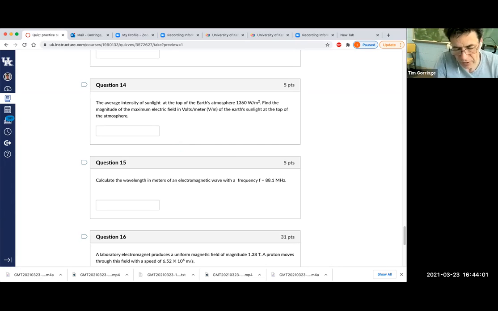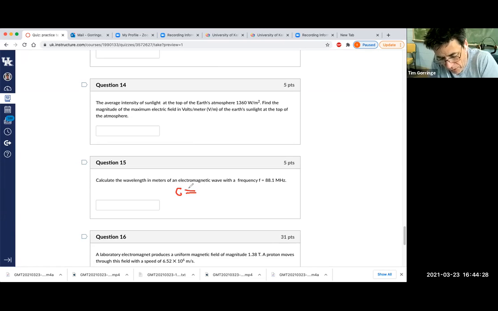Okay, final numerical answer question. Question number 15, calculate the wavelength in meters of an electromagnetic wave that has a frequency of 88.1 megahertz. So this is a question about the relationship between wavelength and frequency and speed of a wave.